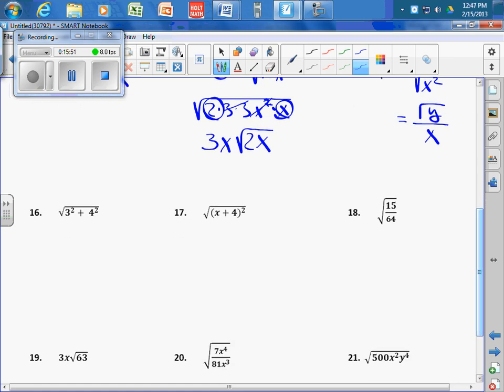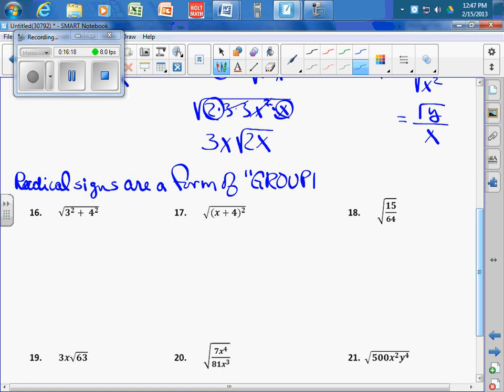And in number 16, we have radical 3 squared plus 4 squared. Now, I want you to write this down: radical signs are a form of groupings.